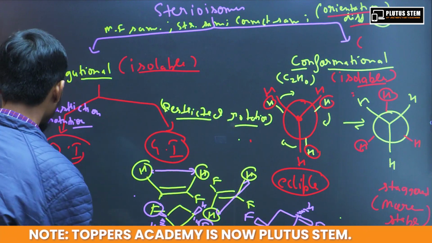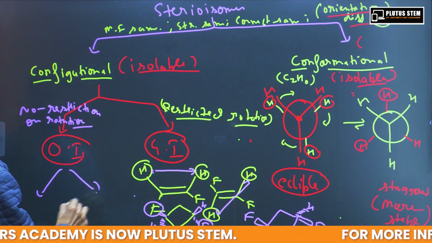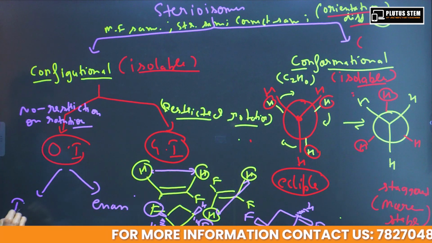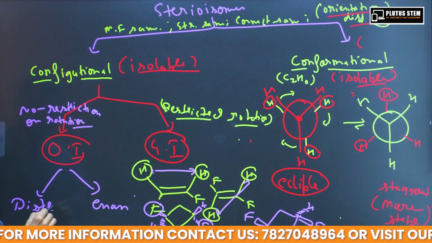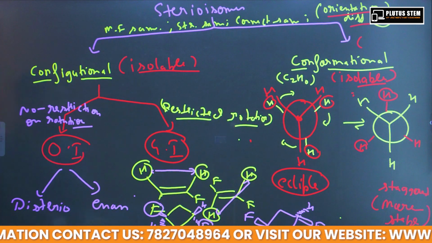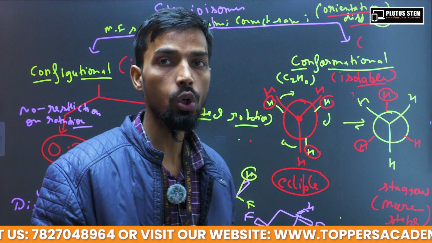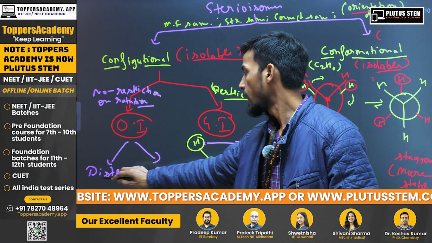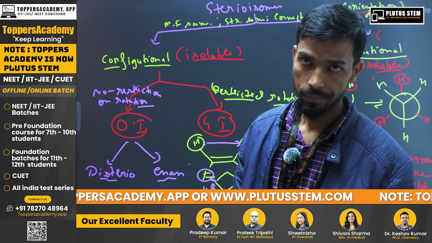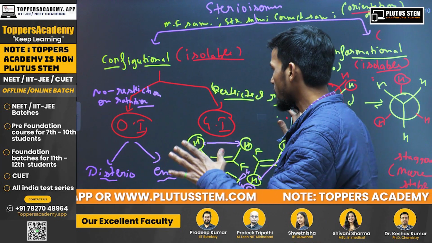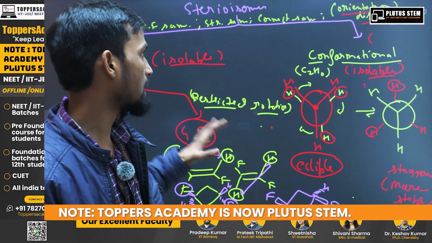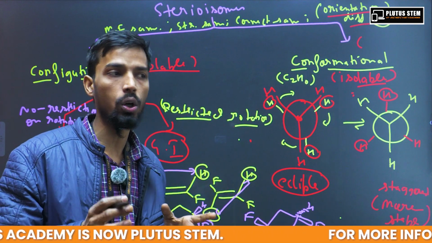This type of isomer is again subclassified into enantiomers and diastereomers. Sometimes we can have some other type of classification also, because the classification is just to understand the concept.